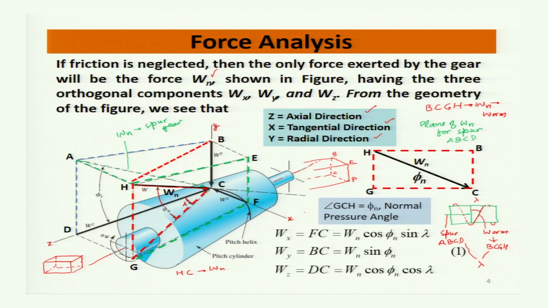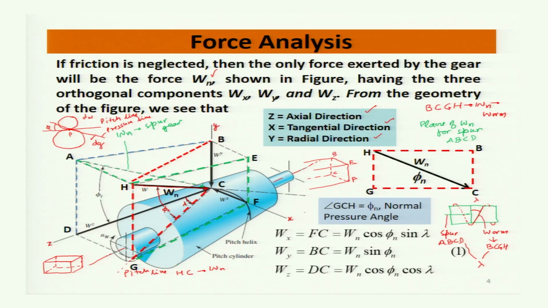Because Wn is acting along the line of action, the pressure line, and this GC is the direction of the pitch line. Just remember what the pitch line is. The pitch line is the line tangent to the pitch circles of the two gears, and the angle between HC and GC is the pressure angle phi.